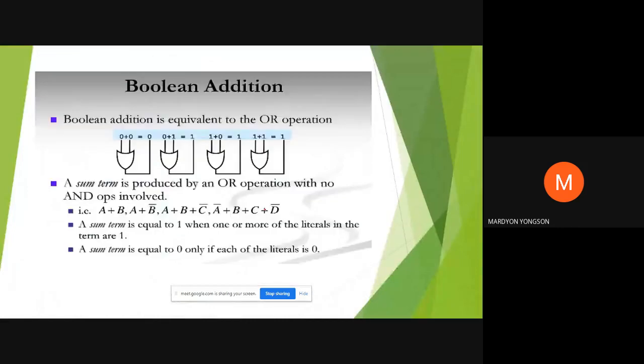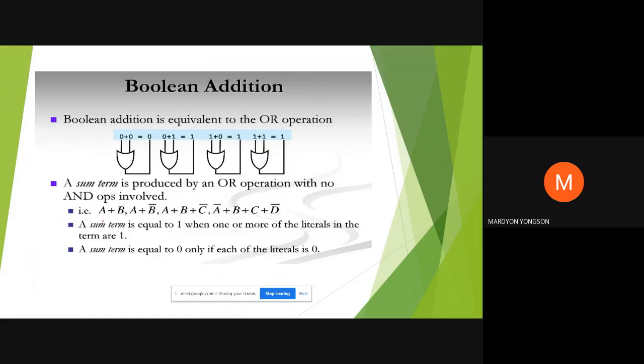Okay, sige. We move on to the Boolean addition. So, itatakan lang natin yung overview nung sa Boolean expression. So, we have Boolean addition is equivalent to the OR operation. So, as you can see, we have 0 plus 0 equals 0, 0 plus 1 equals 1, 1 plus 0 equals 1, then 1 plus 1 equals 1.